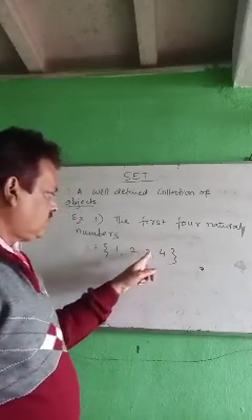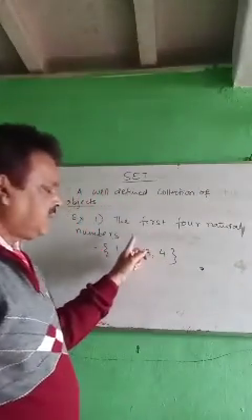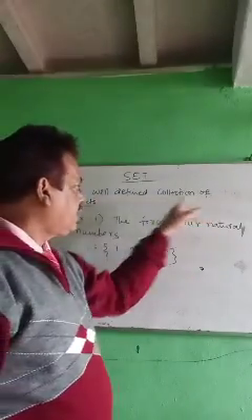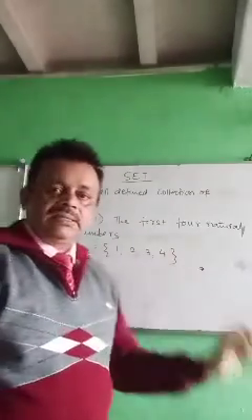First is 1, then 2, 3, 4, because we have taken the first 4 natural numbers. So if you are able to list out the elements, then that is called a well-defined collection of objects. So that will be called a set. Means this is a set.